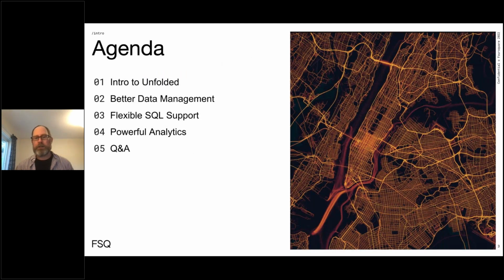Quick overview of the agenda. Just in case you aren't familiar with Unfolded at all, I'll do a very quick intro to the Unfolded product. Then I'm going to spend most of the time on some of the new things we've added in the last few months. We're going to talk about how we've added better data management for your data assets and your maps, some of the flexible SQL support we've added to the product, and some of the new analytical features which allow for some pretty interesting analyses.